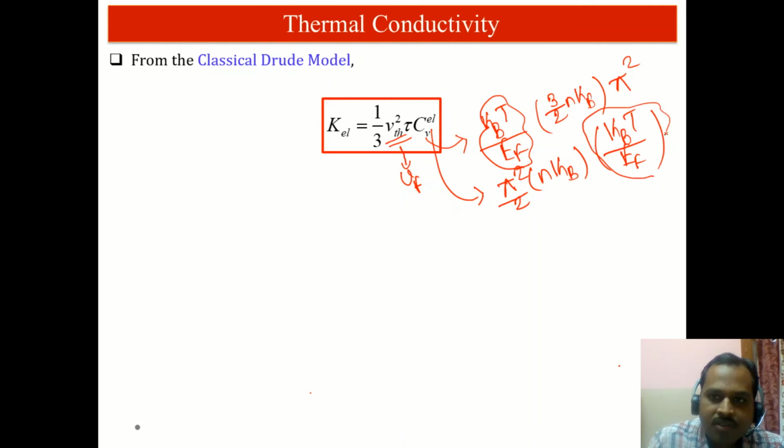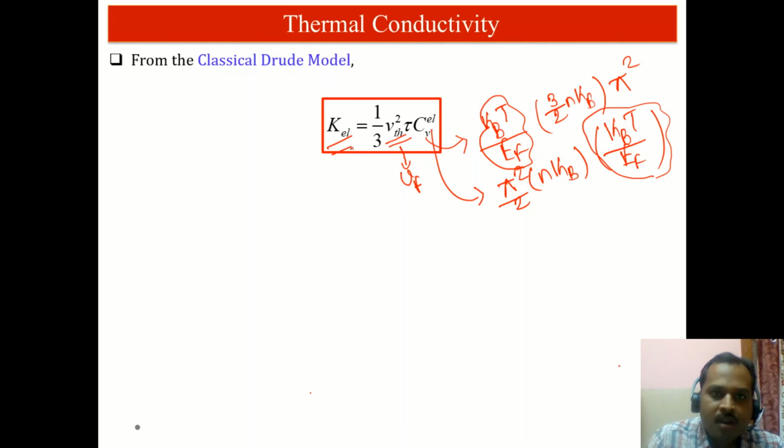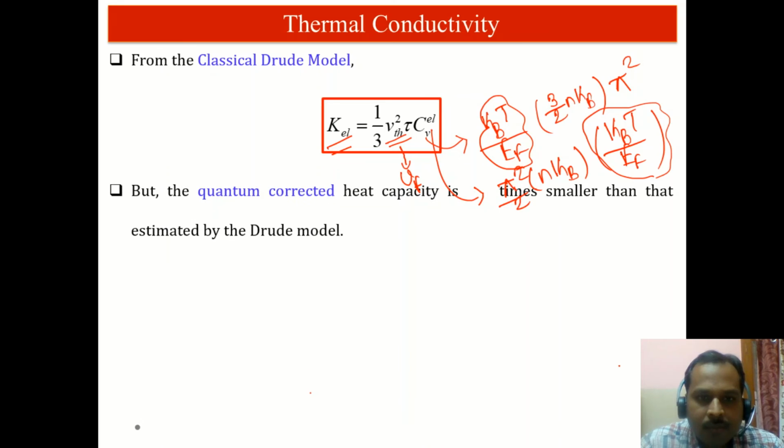So this term is reduced by a factor of kBT by EF quantum mechanically. So we have to use these two corrections to the classical electronic thermal conductivity and obtain the quantum corrected thermal conductivity. So this is what we have mentioned here.